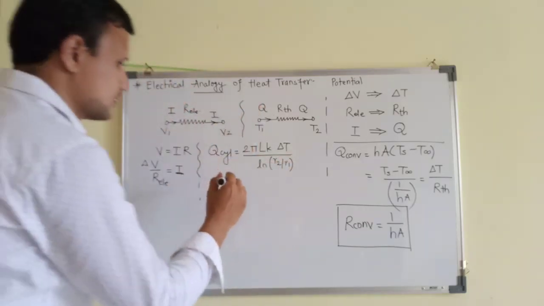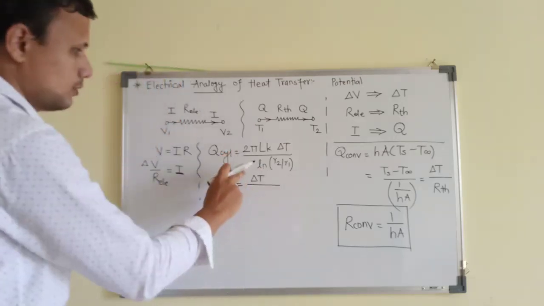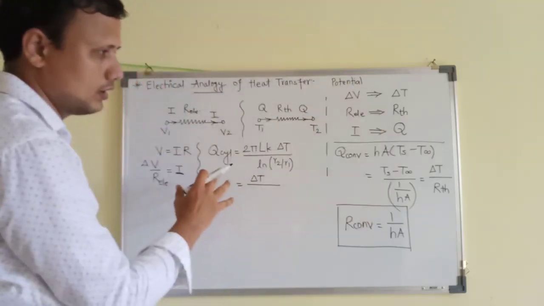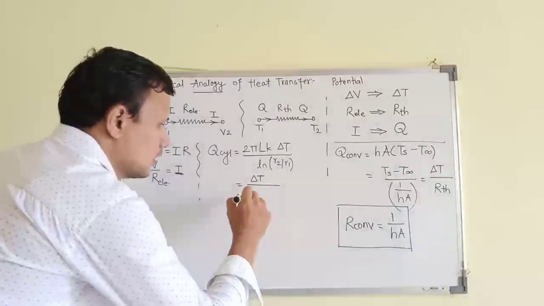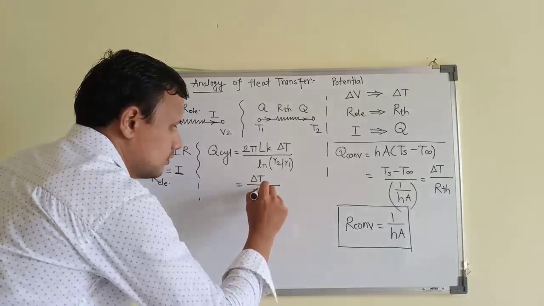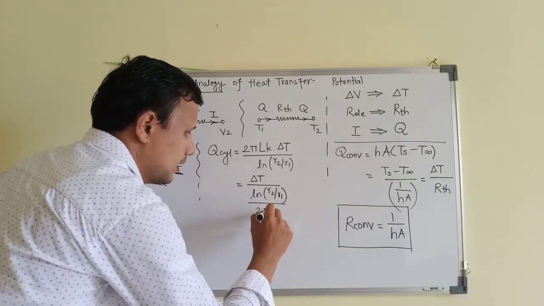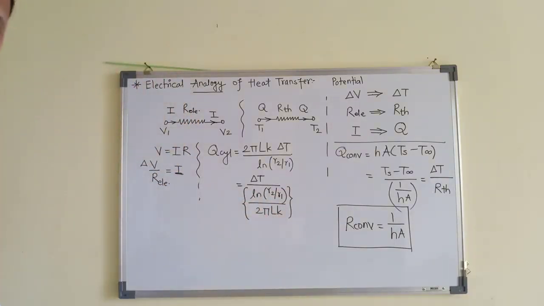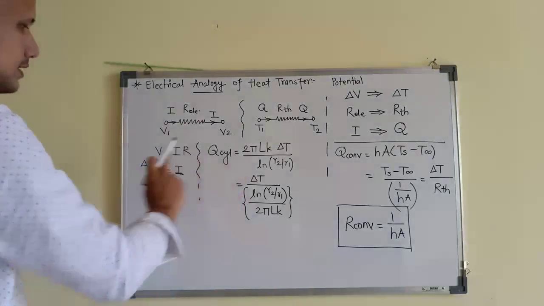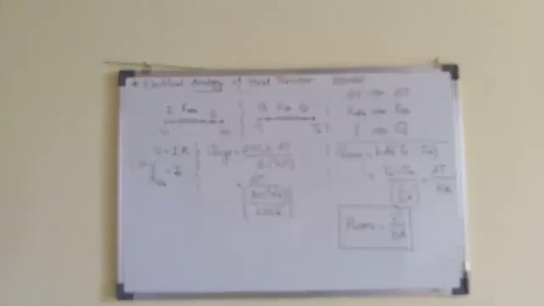Let us reorganize this equation so that only delta T, which is potential, is at the top. This is what we are doing all along the way. Only delta T at the top, everything else at the bottom. So that gives us ln of R2 by R1 upon 2 pi Lk. So this is the entire denominator. Remember, numerator helps the heat to flow, while denominator opposes the rate of heat transfer.